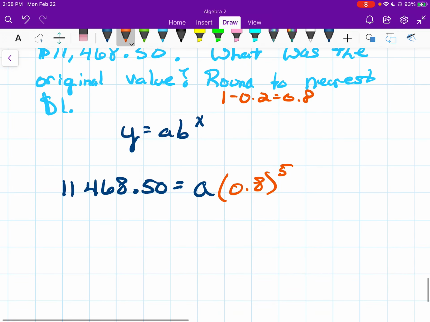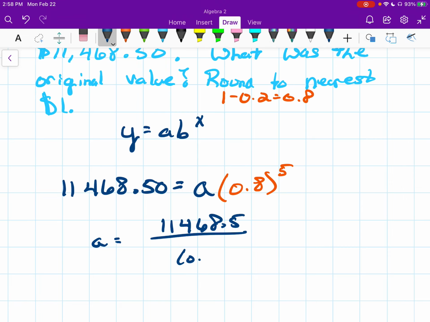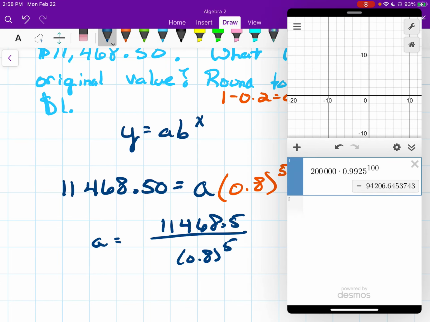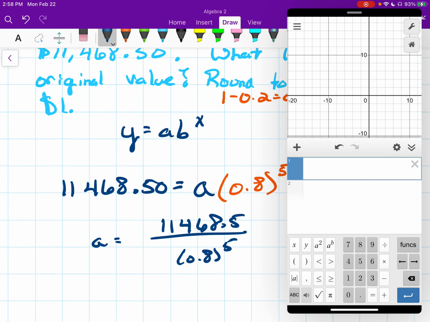Solving for A, I'm going to divide both sides by 0.8 to the 5th, and I'll have A equals 11468.5 over 0.8 to the 5th. Now let's see how we can type this in: 11468.5 divided by 0.8 to the 5th.